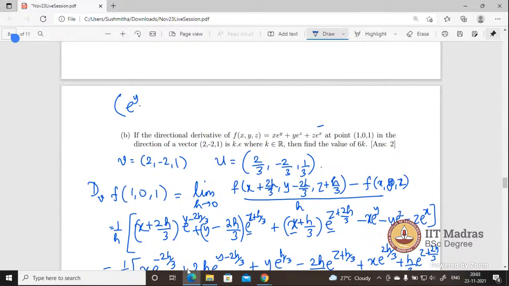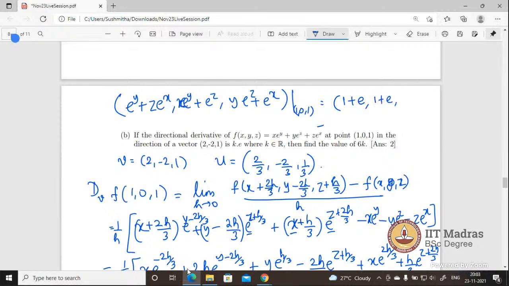E power y plus z e power x e power z, at the point 1, 0, 1 plus e... 2 by 3 minus 2 by 3 and 1. 1 by 3.